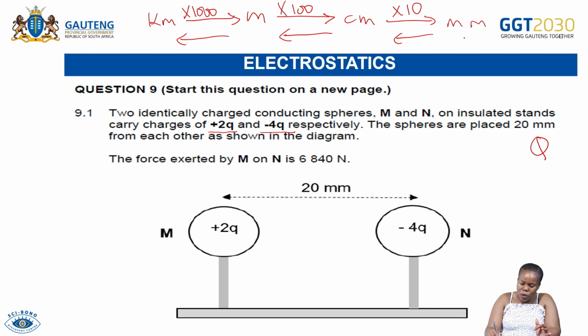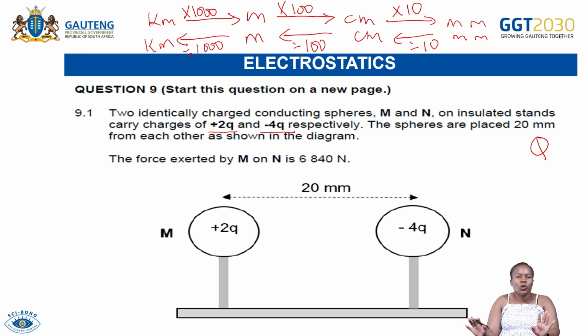So from millimeter to centimeter, we're dividing by what? By 10. Then from centimeter to meters, we divide by 100, and from meters to kilometer, we have to divide by 8,000. So that's how we should be doing it.